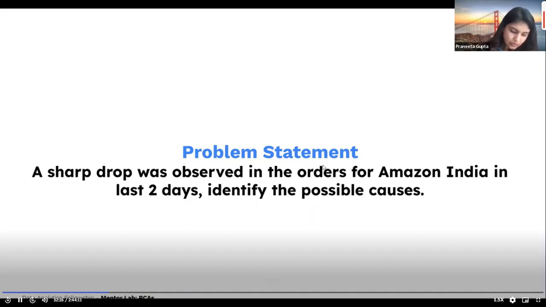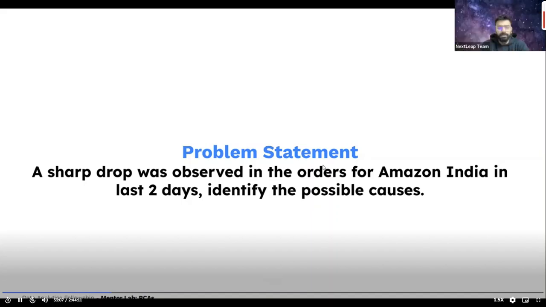So based on what I've understood, let me come up with a structure of how I would analyze the impact now. Sure. Okay. So I want to break down the problem and I want to look at 3 major factors that could be contributing to this.